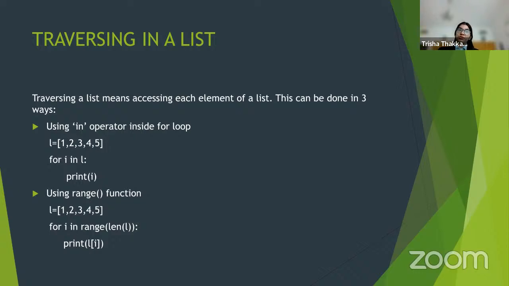Using the range function. for i in range(len(L)): print(L[i]). So first, Python checks the length of L, which is 5 over here. And then the value of i goes from 0 to 4 until everything is printed.